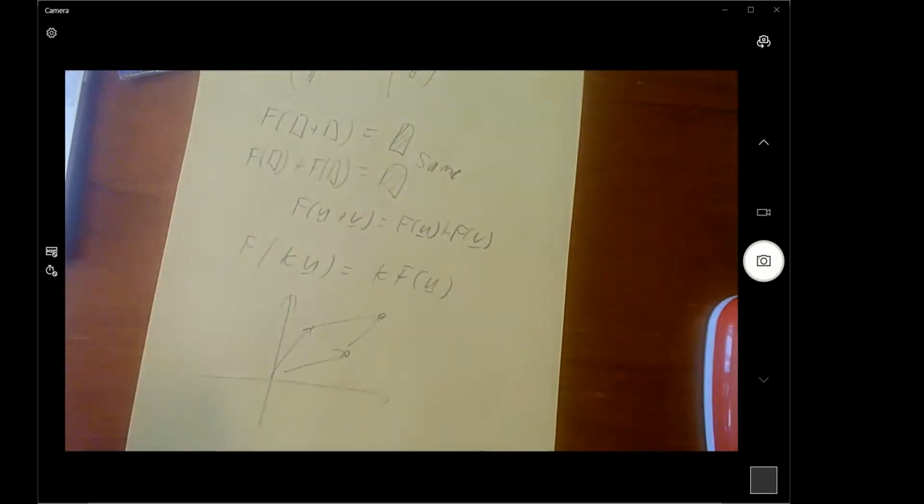But then it turned out that once we thought of what matrices were, every linear transformation can be represented using a matrix instead.